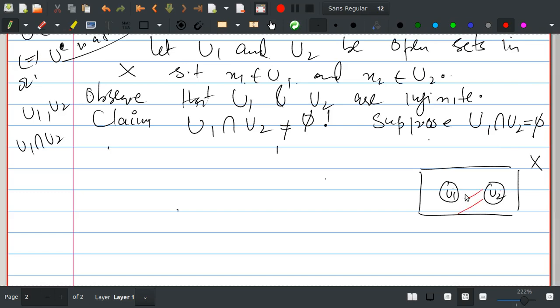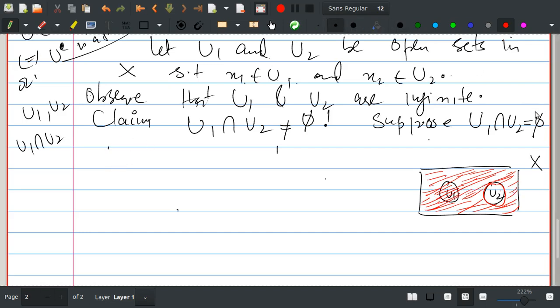If we look at the complement of U2, that is this set, the region colored with the red lines. So this means U1 is contained in U2 complement.